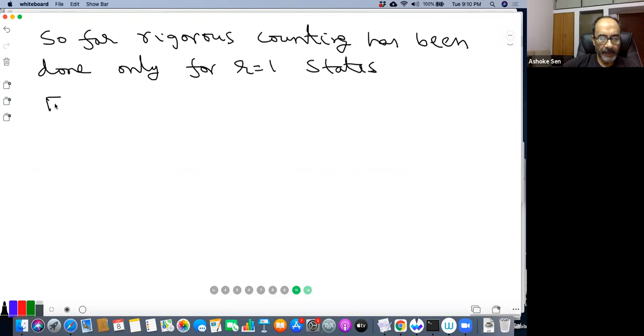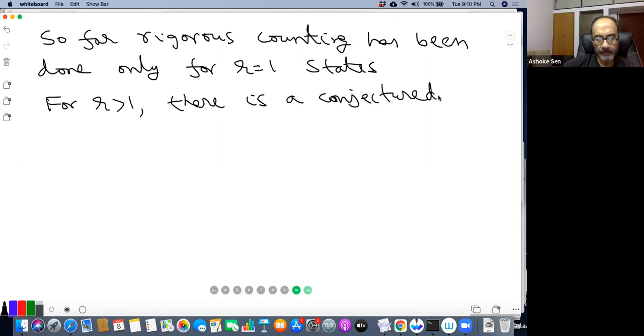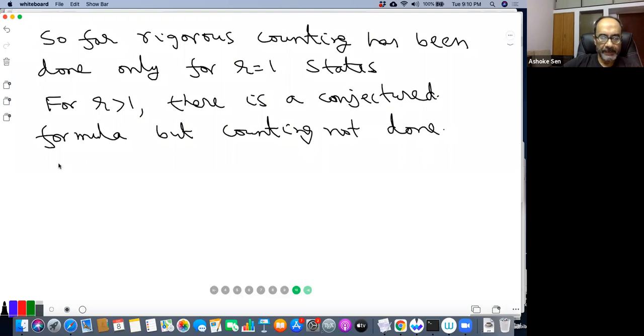For R larger than 1, there is a conjectured formula, but the counting is not done. So for this reason, we will focus on R equal to 1.